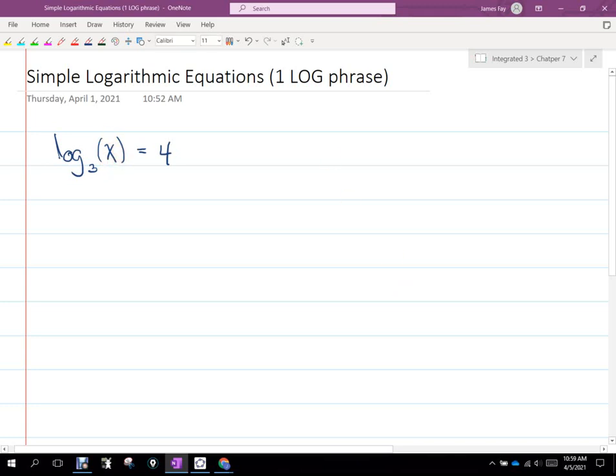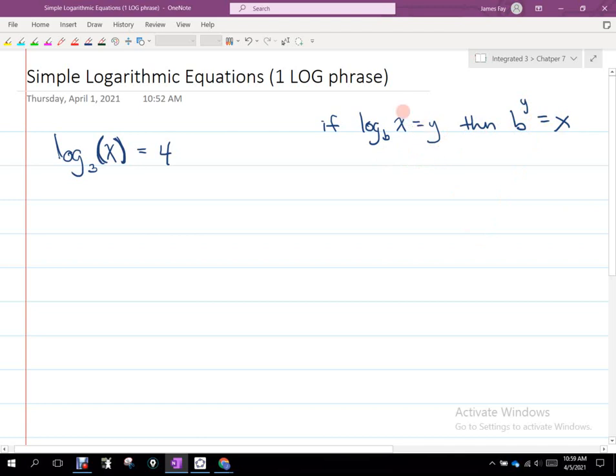Okay? So in order to get that x out of that set of parentheses, you need to use the exponential rule. And it was this. Remember, if log base b of x equals y, then b to the y equals x.